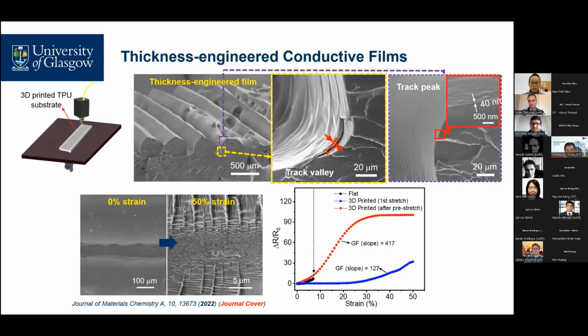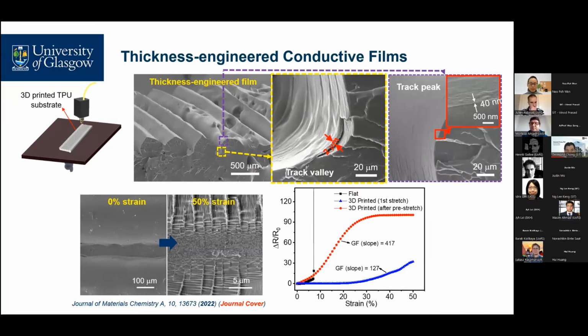We use a 3D printer to create this kind of wavy structure substrate, and then we coated this substrate with conductive materials, which in this case was carbon nanofiber PEDOT:PSS. As you see in the AFM images on the top, in the valley areas we deposited more material, so we got thicker films. On the other hand, on the peaks, we could achieve films with even nanometer-scale thickness.